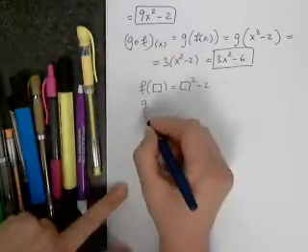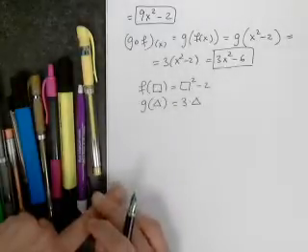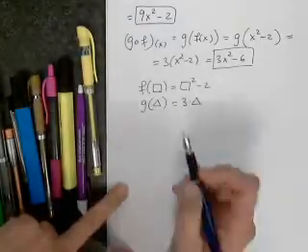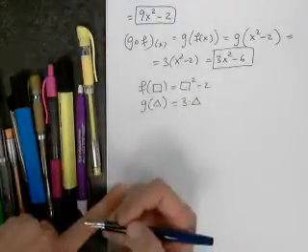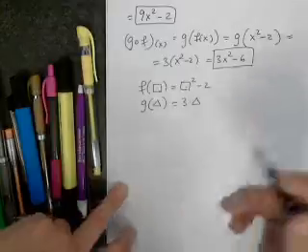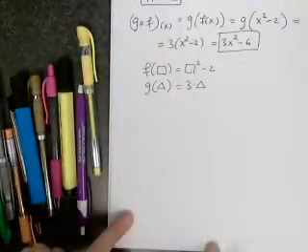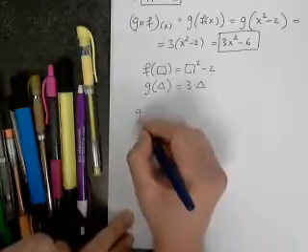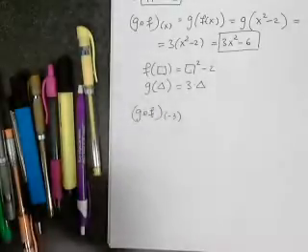When I look at g, this is what g is asking me to do. Or you can say this is the argument. So I'm asked to square the argument and subtract 2. Very good. Okay, now what if I ask you, for example, find g comp f at negative 3. What will you do?